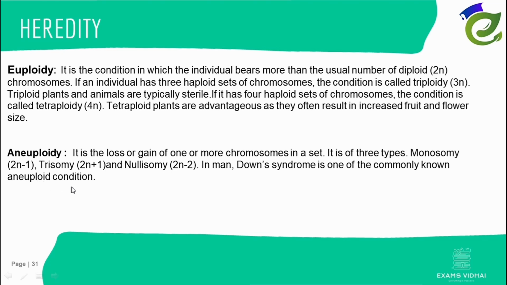You'll be learning all this in your higher classes. One of the important questions here is that Down syndrome is due to an aneuploid condition. Down syndrome occurs in humans. So the three types of aneuploidy are monosomy, trisomy, and nullisomy. Remember these numbers: 2n minus 1, 2n plus 1, 2n minus 2.